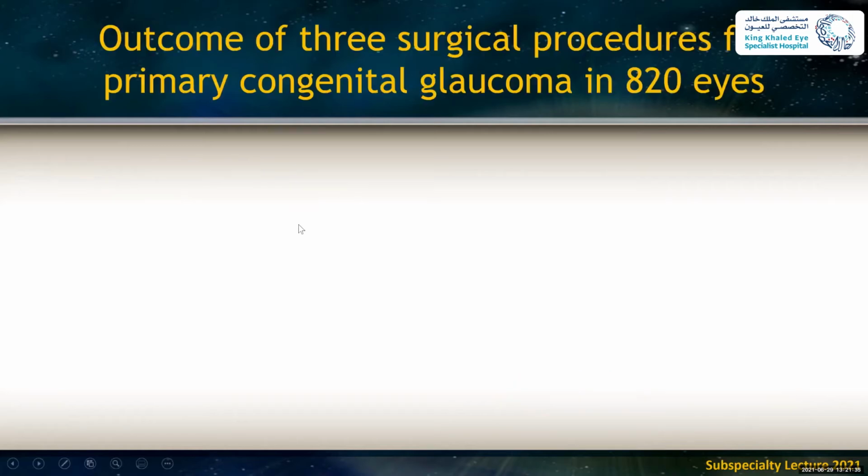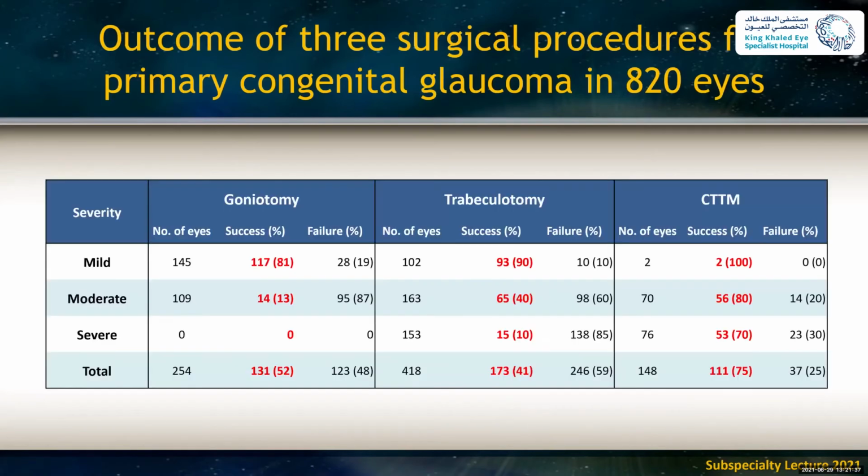And when we compare, this is the study that you need to read very well. This is the best study reported from our country regarding conventional therapy in congenital glaucoma, by Hazmi and his colleagues, reported in the British Journal of Ophthalmology in 2005.